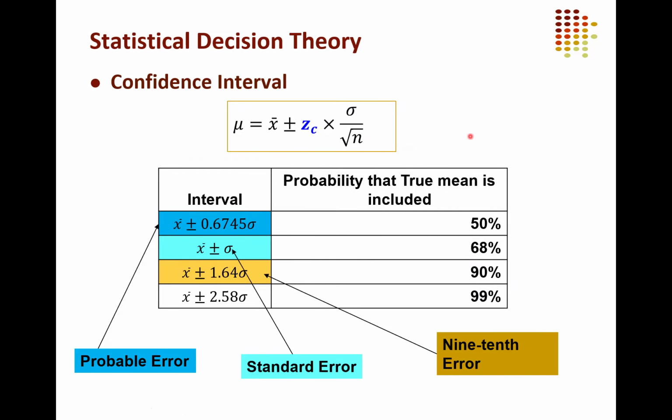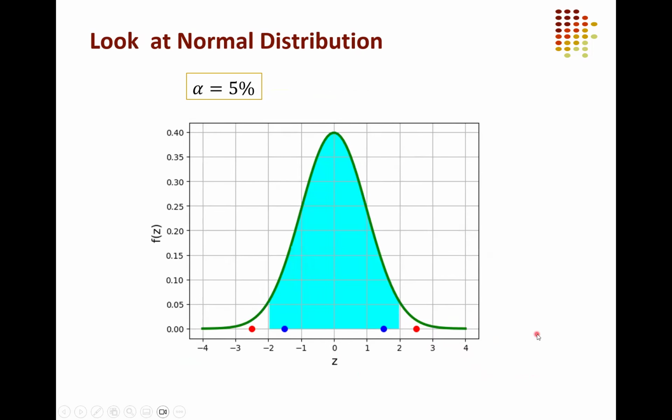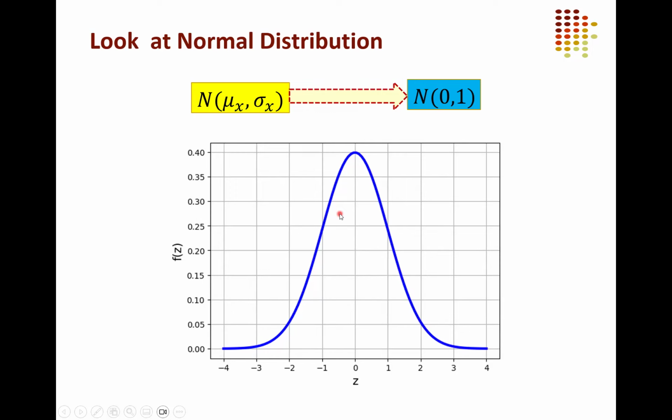Okay. So I hope the students are familiar with the normal distribution. Okay, this is fine. So a normal distribution is a symmetric distribution, and we define the standard normal distribution with a mean value 0 and a standard deviation of 1.